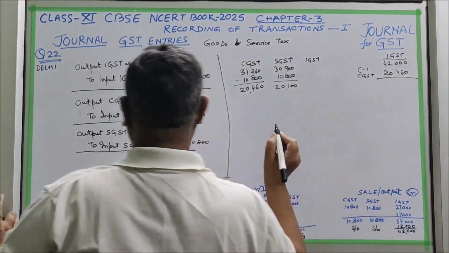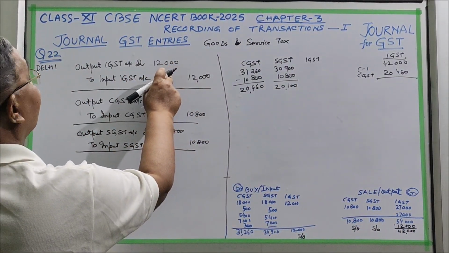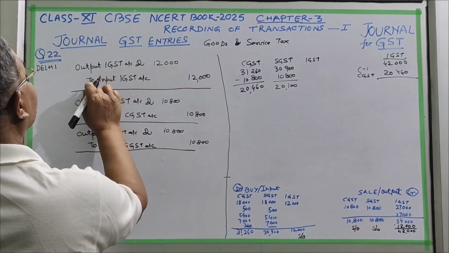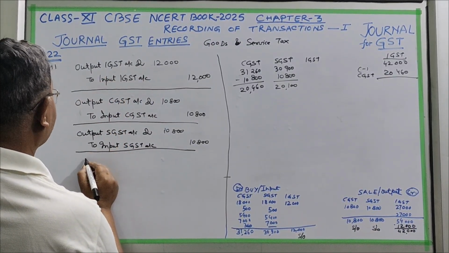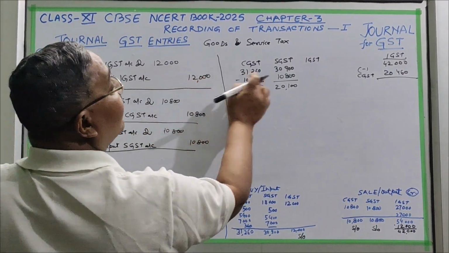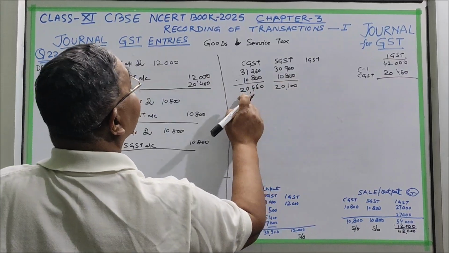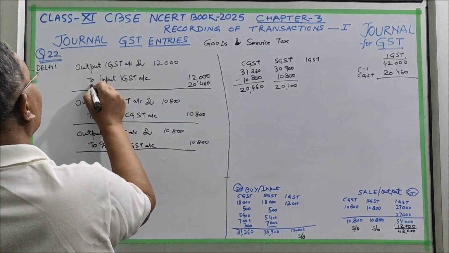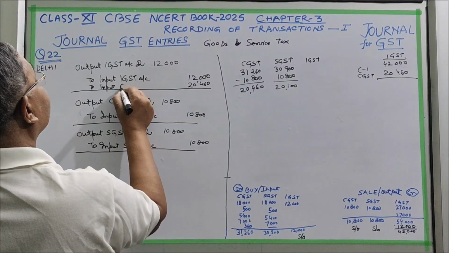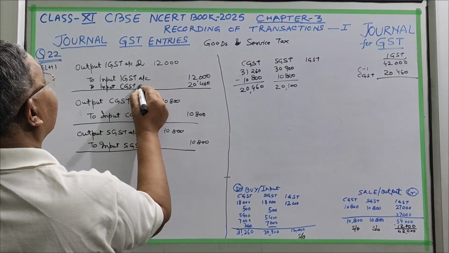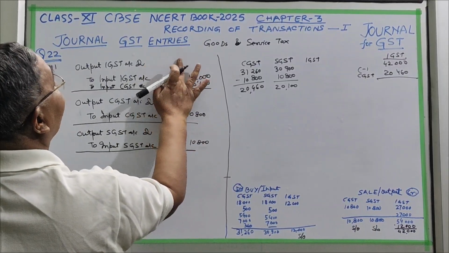So IGST account debit, and we can write here also, or make a separate entry. Here we will add 20,460 for CGST, to input CGST account, and now the total will change.